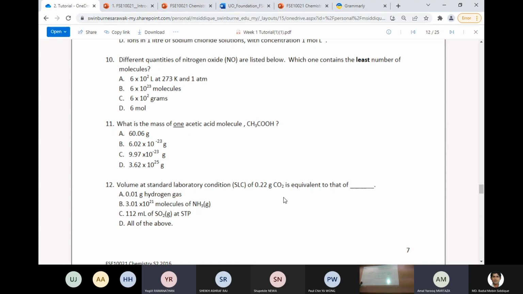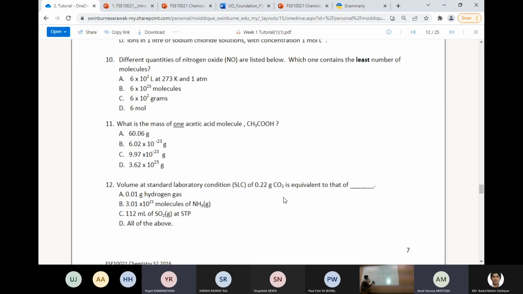And here there are many things. Sometimes you will think, what is the relation? The options are 0.01 gram of hydrogen gas, molecules of ammonia, milliliter, all of the above. Since there seems to be no relation, how?